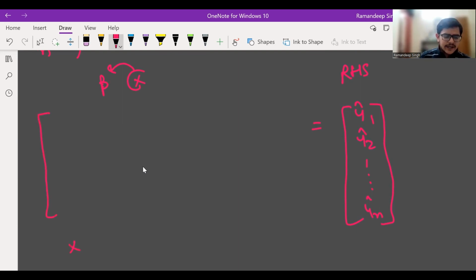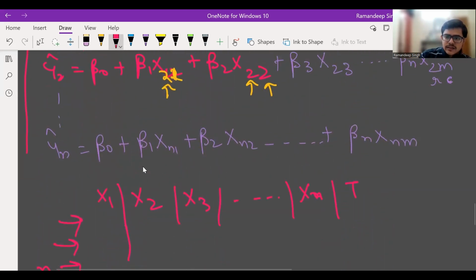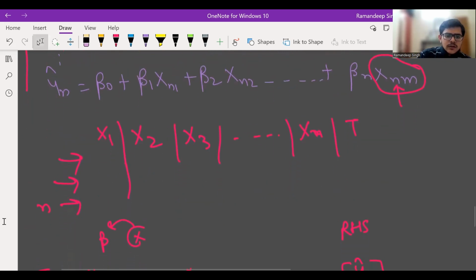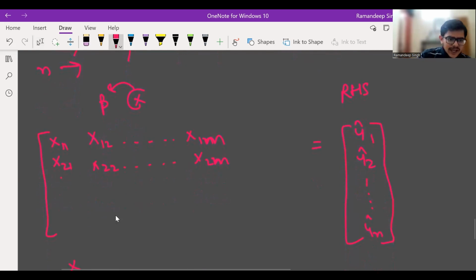So I have this x matrix where I have my x11, x12, up to x1m, then x21, x22, up to x2m. Sorry, this is m, my mth input column, right? This is my mth input column on the nth row. Similarly, I can do this for x nth row first column, x nth row second column, up to x nth row mth column, right?